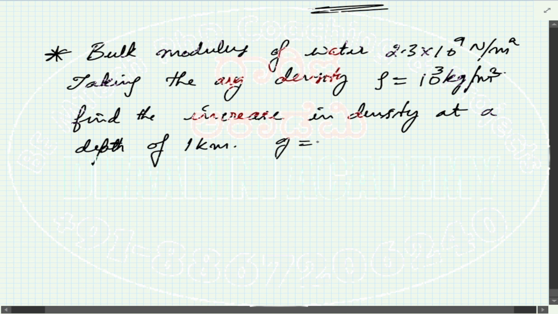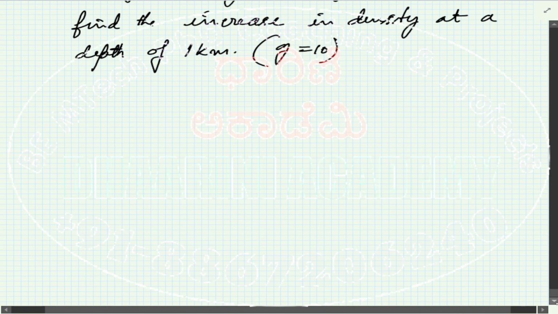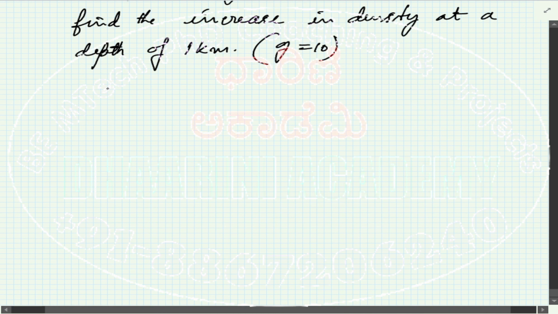Consider g as 10. Now which equation are we going to use? It's a straightforward question. So change in pressure, delta P, is equal to rho into g into h.